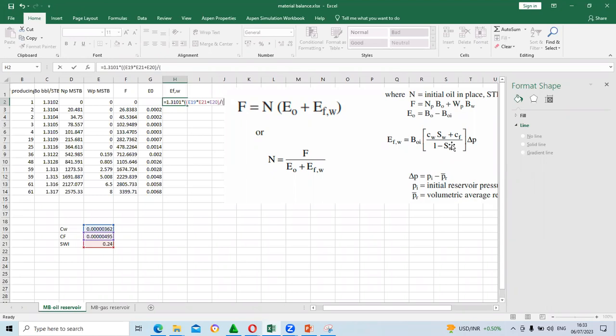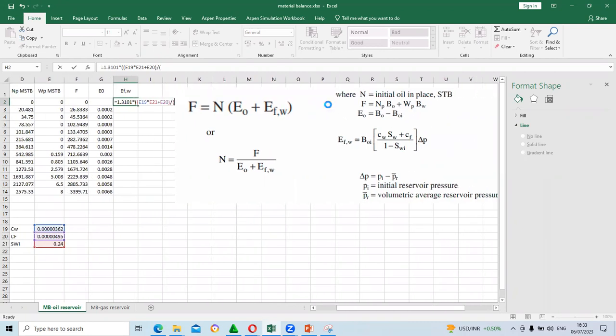So we open a bracket. We have 1 minus SWI. Then we close it. Then we close the first bracket.